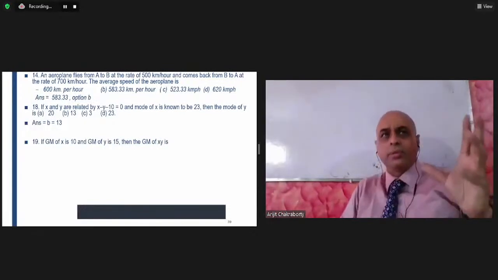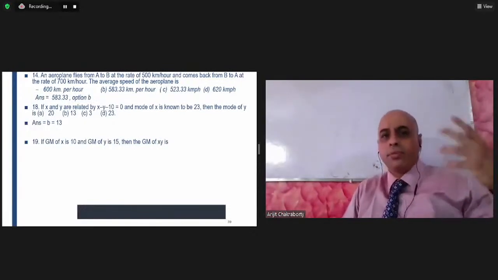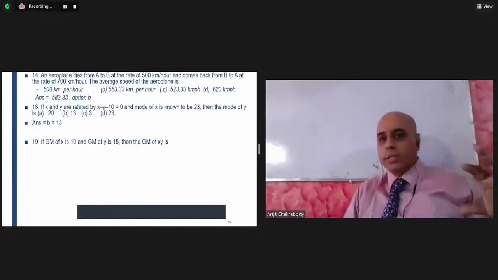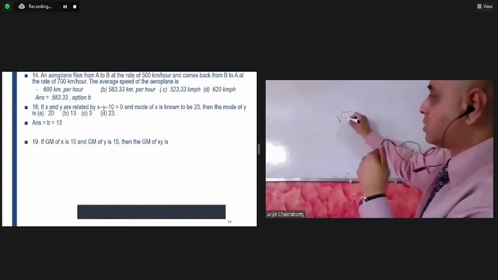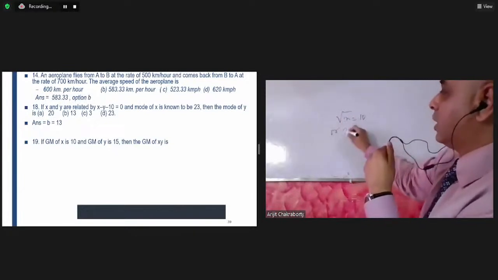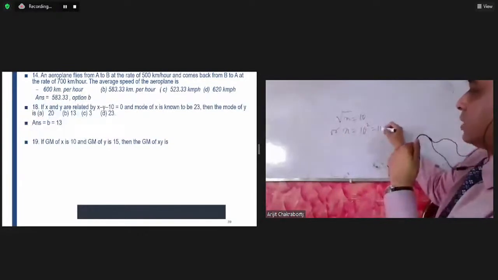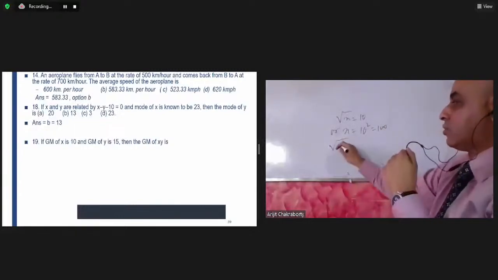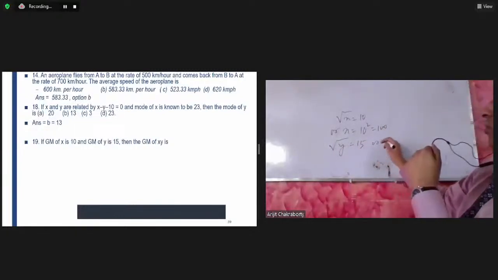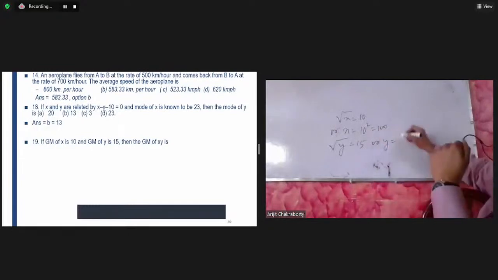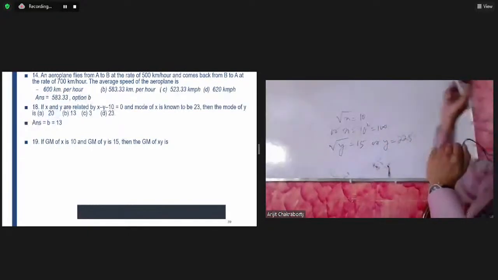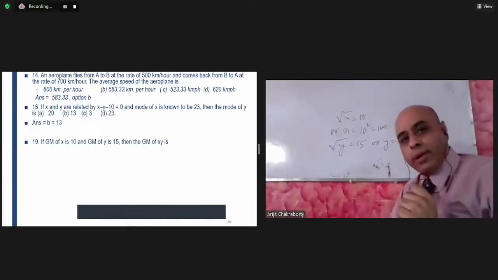So say it's a number, 3-4 numbers, x1, x2, x3. So their GM is x. So I can write square root of x is 10, or x is equal to 10 square, that is 100. Similarly, square root of y is 15, or y is equal to 15 square, that is 225. So you have to find the GM of xy.